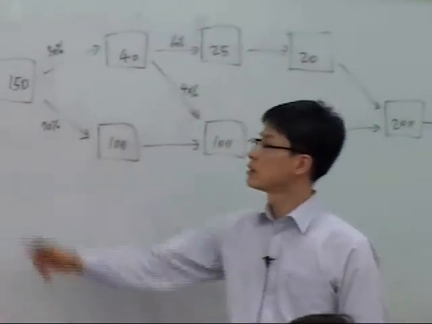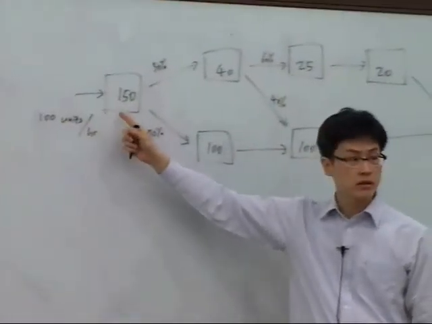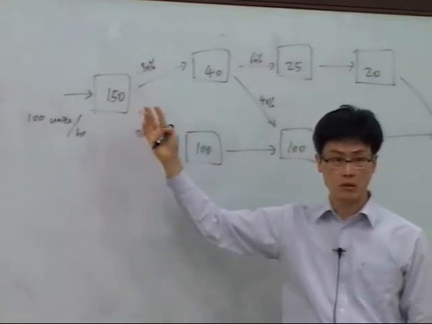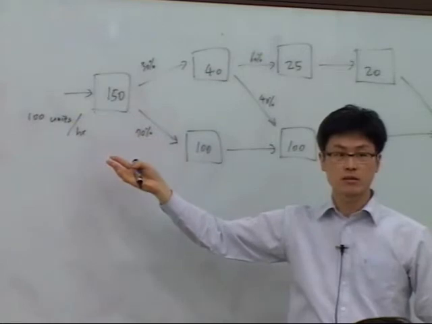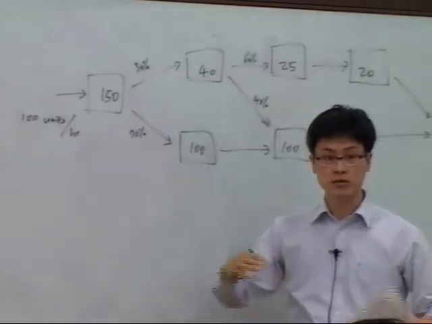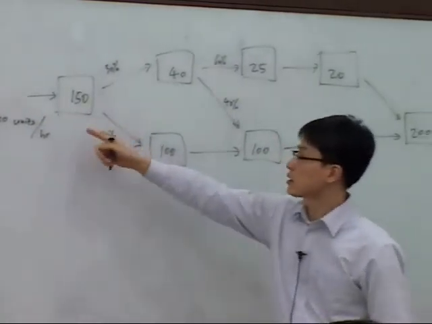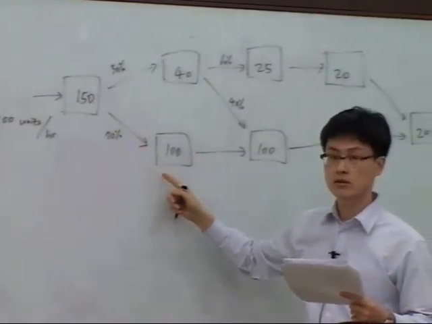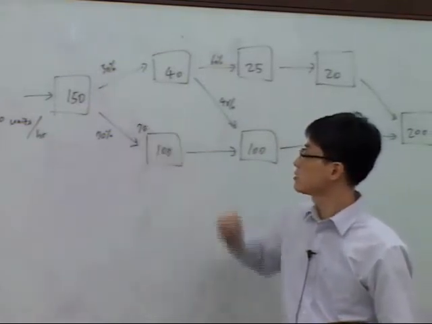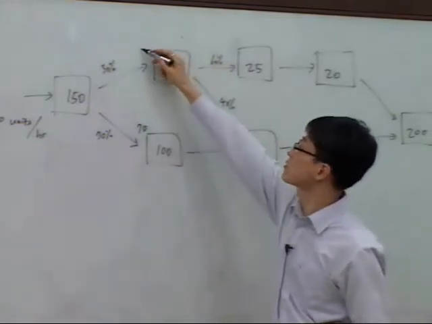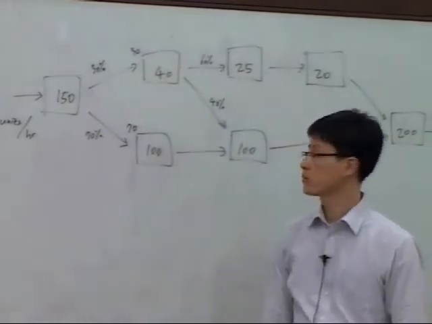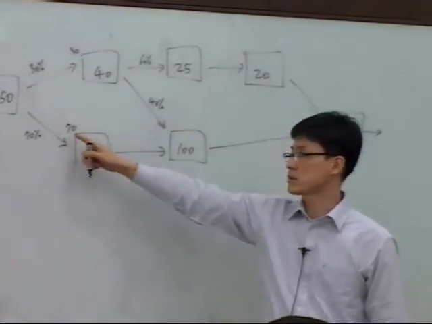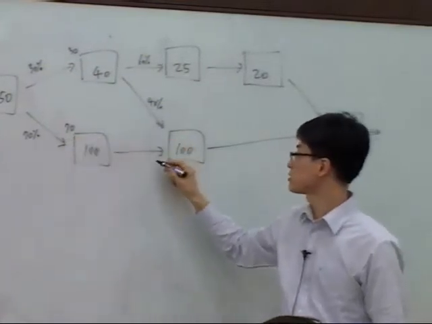Then, is it okay here? Since the capacity is 150 but the demand throughput is 100, it is okay because throughput is less than the capacity. Out of 100, 70% come here, which means 70 units come here and 30 units come here.